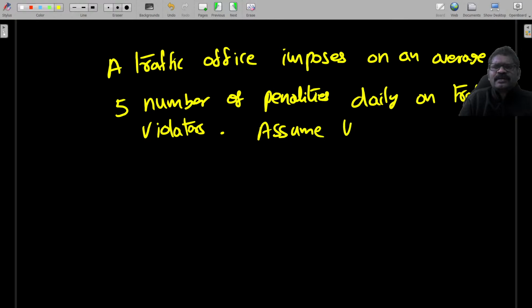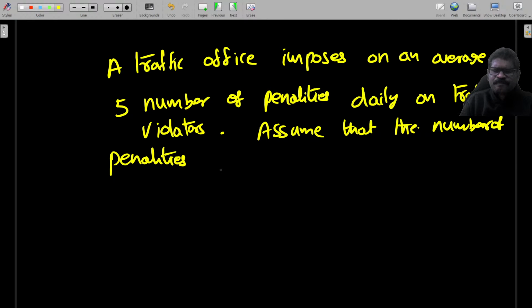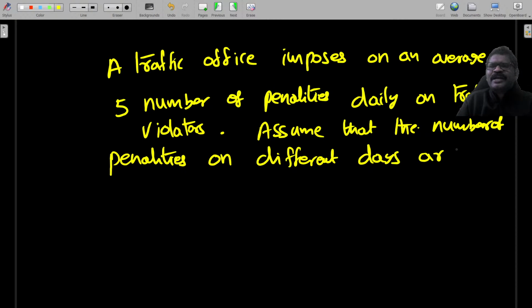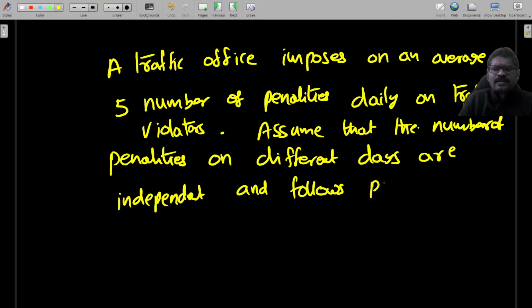Assume that the number of penalties on different days are independent and follows Poisson distribution.